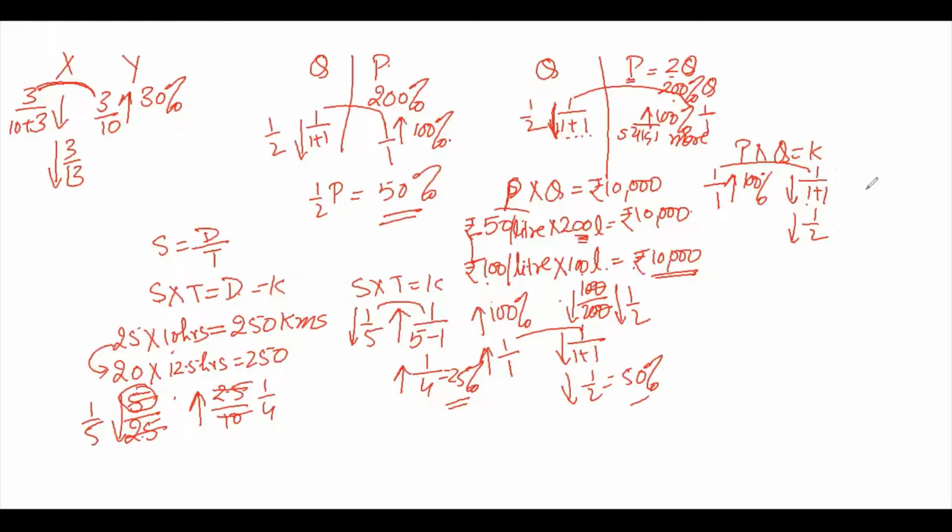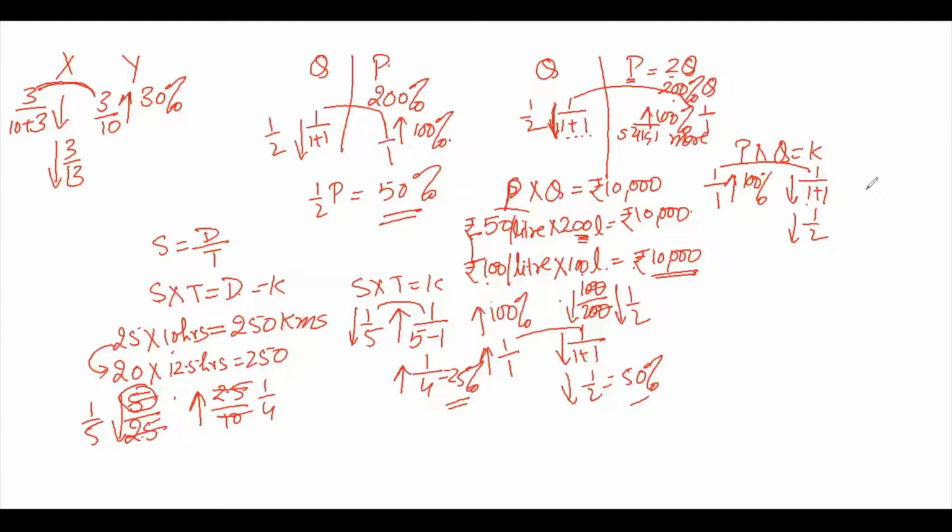I have just given you one example, Nidhi, where I'm saying had the price of petrol been 50 rupees per liter, and I'm spending 10,000 rupees over petrol every month, I was able to purchase 200 liters of oil.